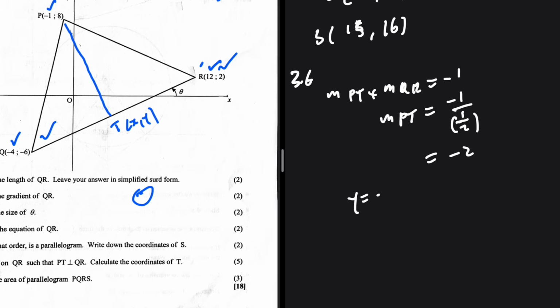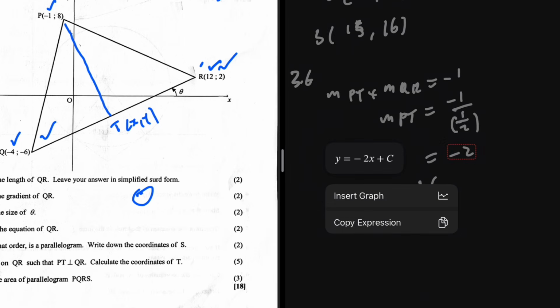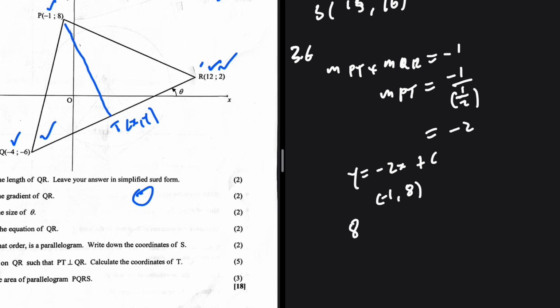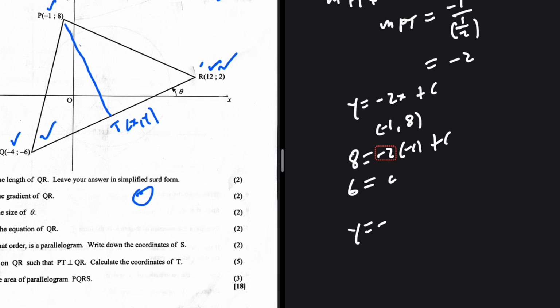So we have y equals minus 2x plus c. This is the equation of PT. But we can find the value of c. Y is 8, and then we have minus 2 times minus 1 plus c. So 6 is equal to c. So y equals minus 2x plus 6. So that is the equation of PT.